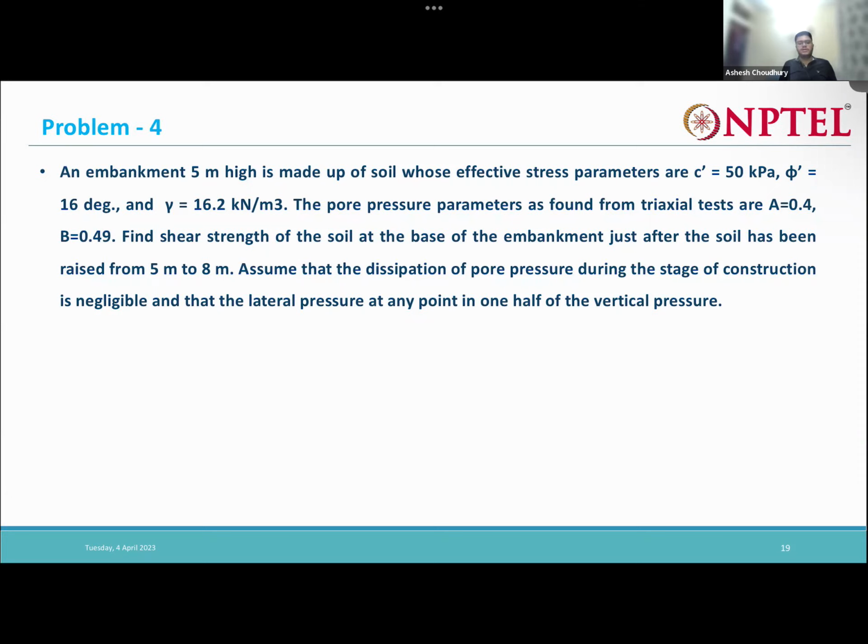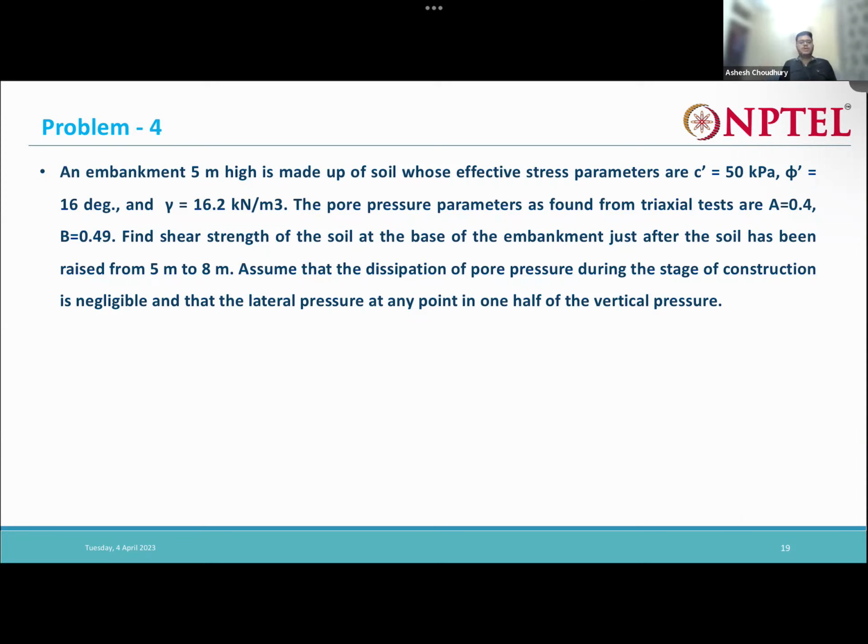During this construction phase, there will be pore water pressures that get developed. So this pore water pressure does not get dissipated. There is no dissipation of this extra pore water pressure that gets developed in the construction. Also, for the lateral pressure at any point, you can find the vertical pressure, right? So the lateral pressure is equal to half of the vertical pressure. Okay, it is being given.